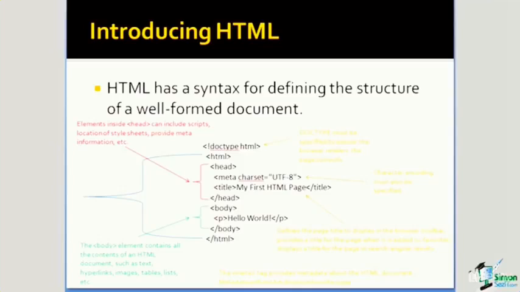We have a head section that provides additional information for the browser or search engines to use to identify our page. And then we have the body section, which is the HTML, which will render the page to the user. So anything that we want the user to see will go in the body tag.